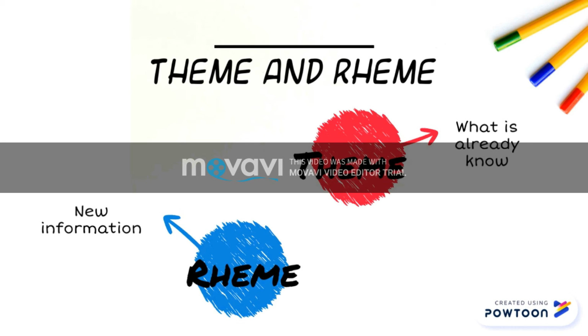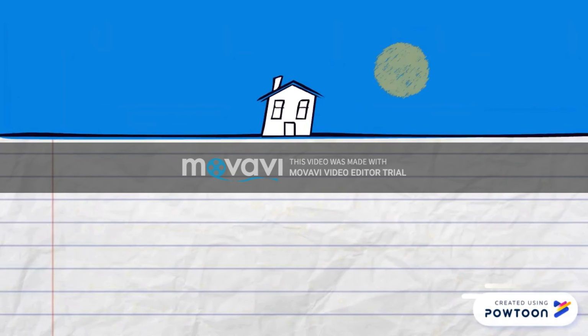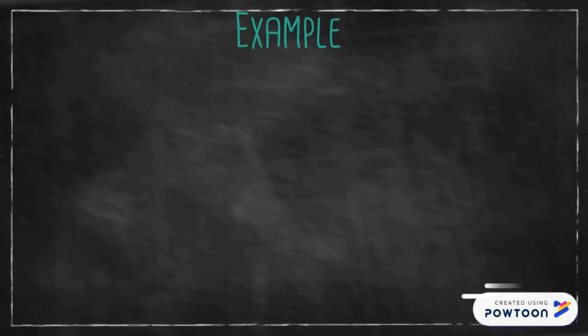This will help us understand the progression with a continuous theme, one of the three basic types of thematic progression. Just like the name of this type of thematic progression indicates, in the progression with a continuous theme, the text keeps the same theme and each rheme provides new information in the form of new predicates.